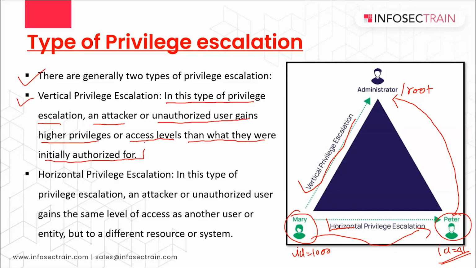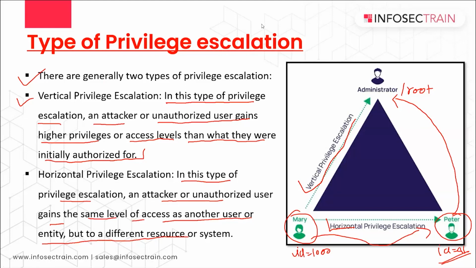Now horizontal: in this type, an attacker or unauthorized user gains the same level of access as another user or entity, but to a different resource or a different system, meaning just a different set of permissions for that user. So these are the two different kinds of privilege escalation.